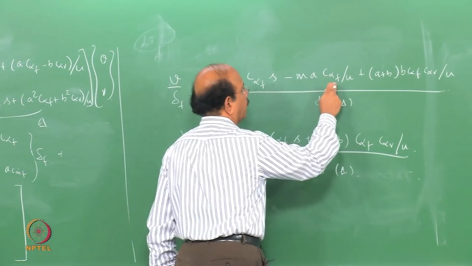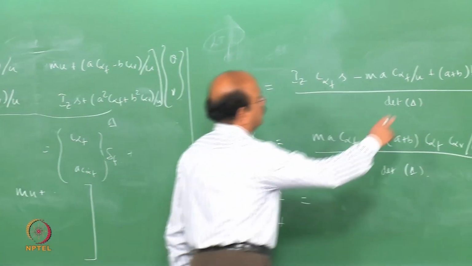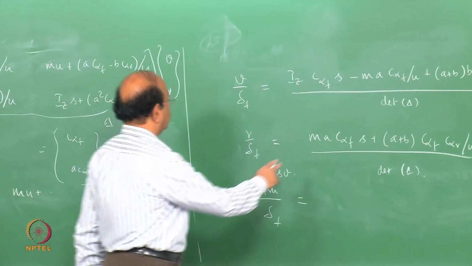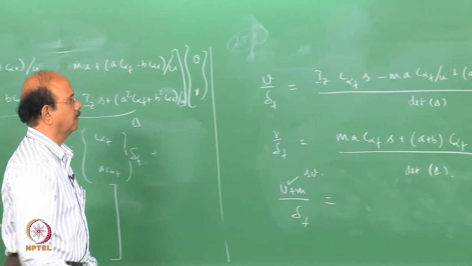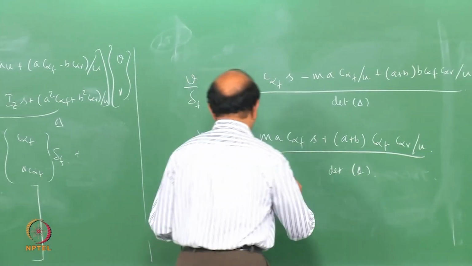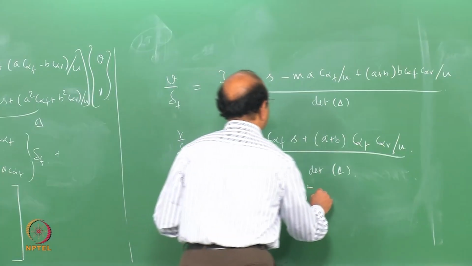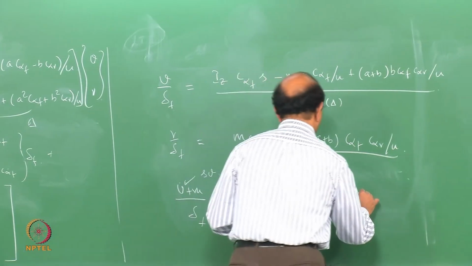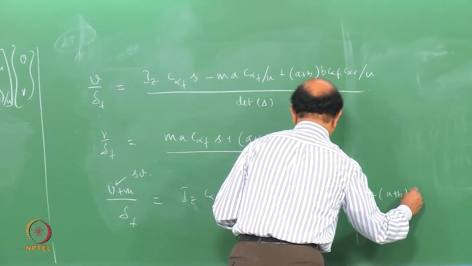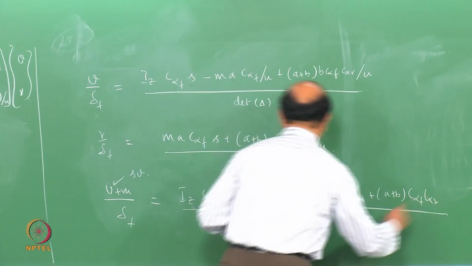M A C alpha F by U into S, plus A plus B, B C alpha F, C alpha R into S divided by U. Here R into U. So you would ultimately get an expression of this form: Iz C alpha F S squared plus A plus B into B C alpha F C alpha R S divided by U plus A plus B C alpha F C alpha R, the whole thing divided by the determinant of delta.